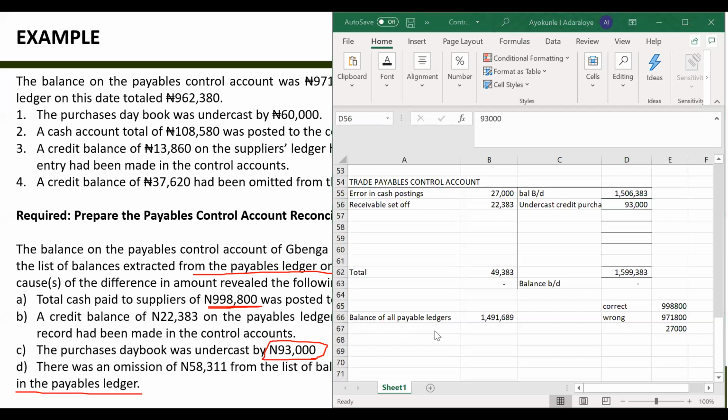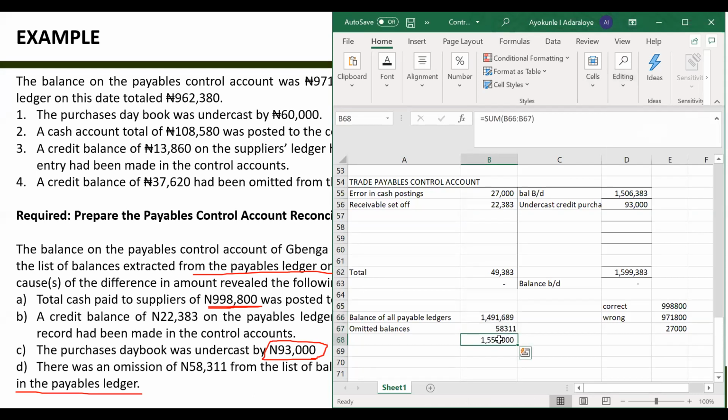We are going to add it. How much are we adding? 58,311, and this one will be omitted balances.